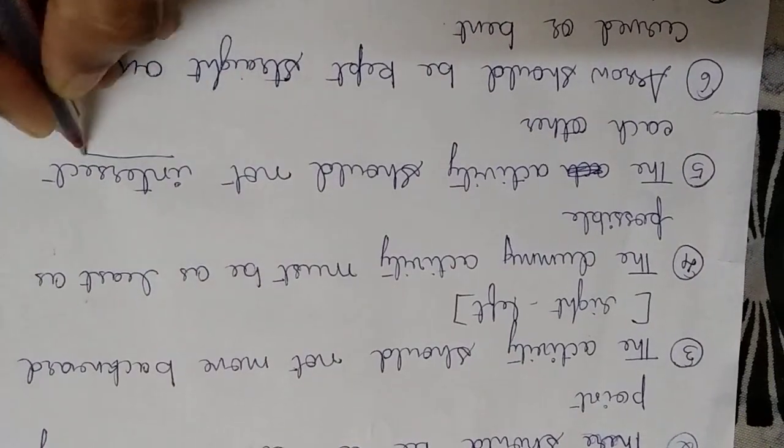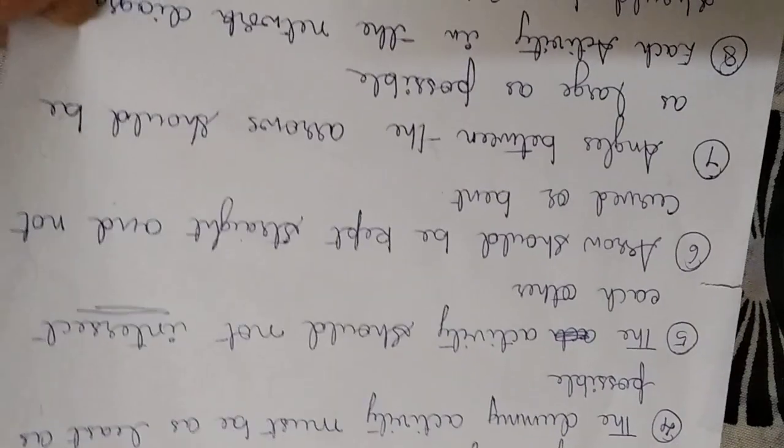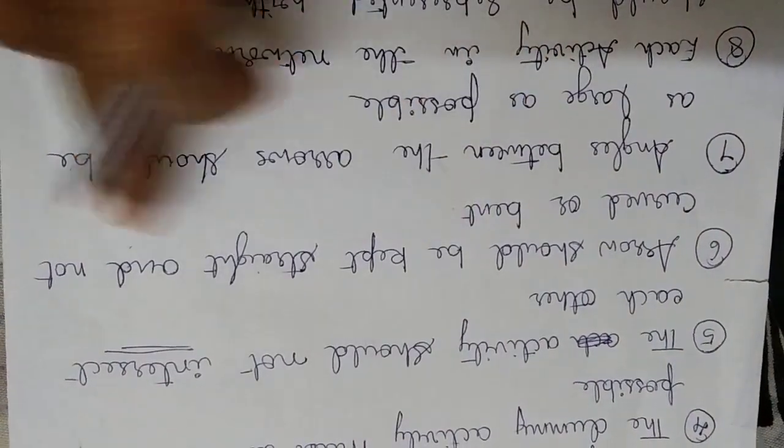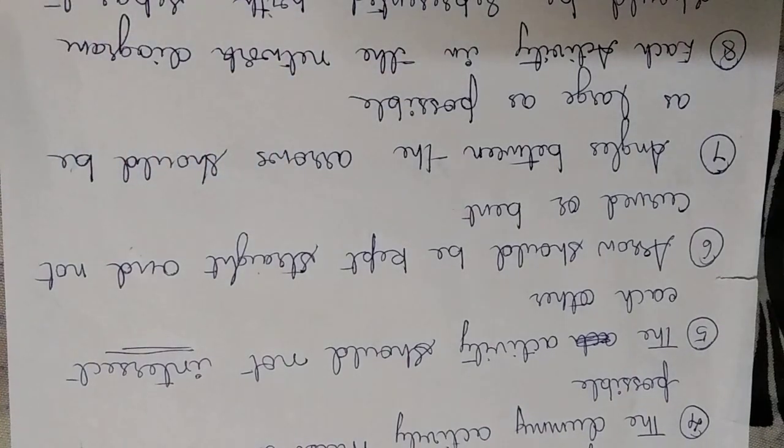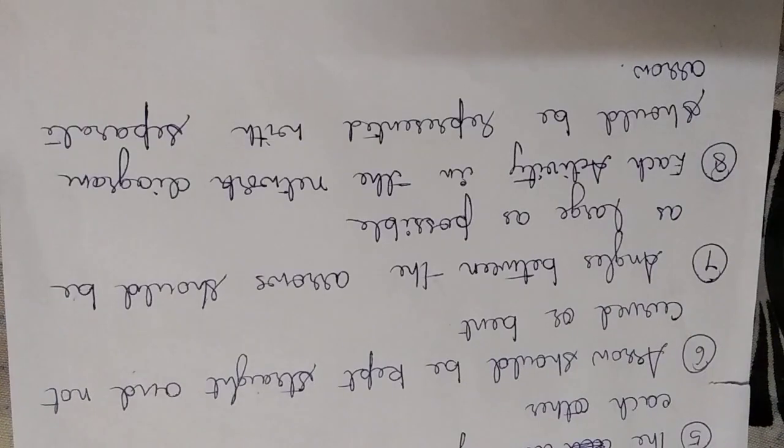Arrows should be kept straight and not curved or bent. The angles between the arrows should be as large as possible. This will ensure clarity. Each activity in the network should be represented with a separate arrow. This will give the distinction.